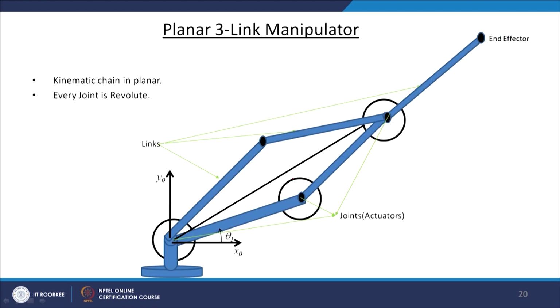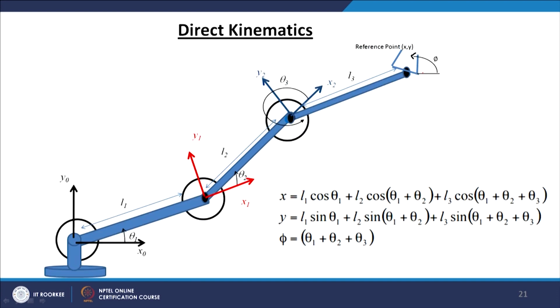So, here we see a planar robot manipulator with 3 arms. Here the first link has length L1, the second has L2, and the third one has length L3. The kinematics equation is similar to the previous one, the 2 link manipulator.